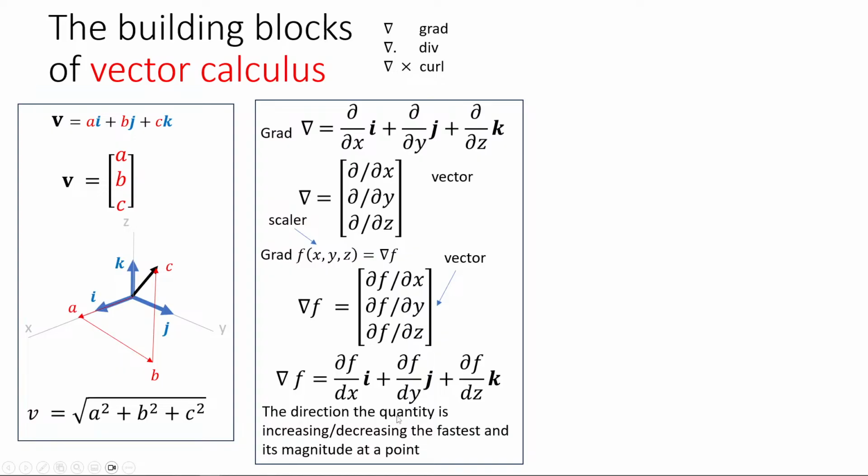It is telling me the direction in which the quantity is increasing or decreasing the fastest, and it can tell me the magnitude and the direction of this increase or decrease at the point. Okay. So here what we have is a scalar function, this is my function, this is a scalar, so that's my function, whatever that is.